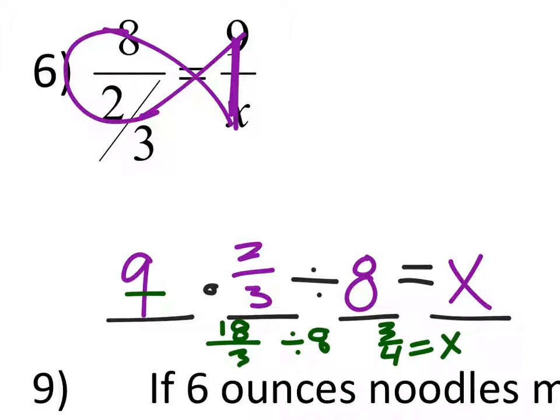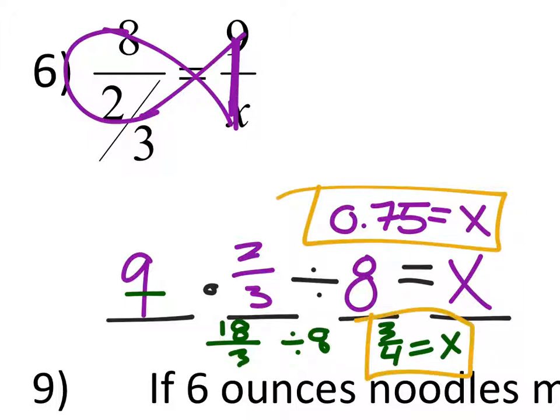If you found the decimal, it should have been 0.75. I'm okay with either one because they have the same value. In some of your guys' calculators, you may have to put this in parentheses. In fact, I advise it just in case, because otherwise it can get the order of operations mixed up with what you really want it to do.